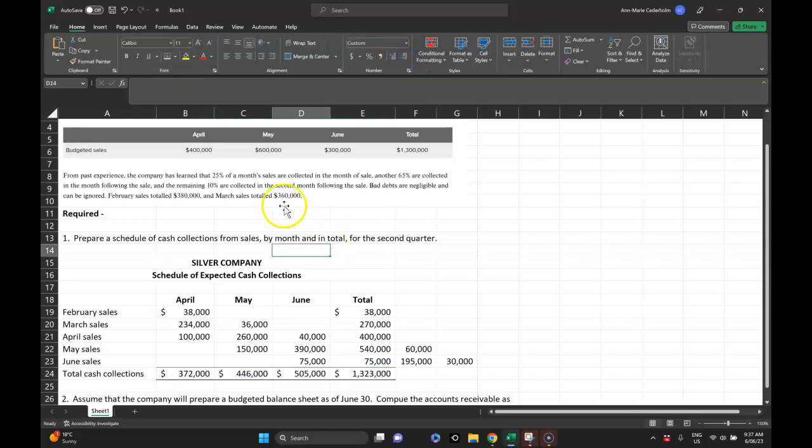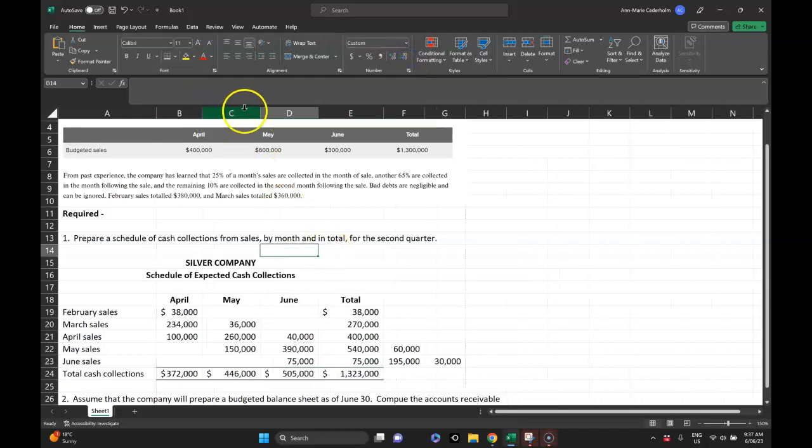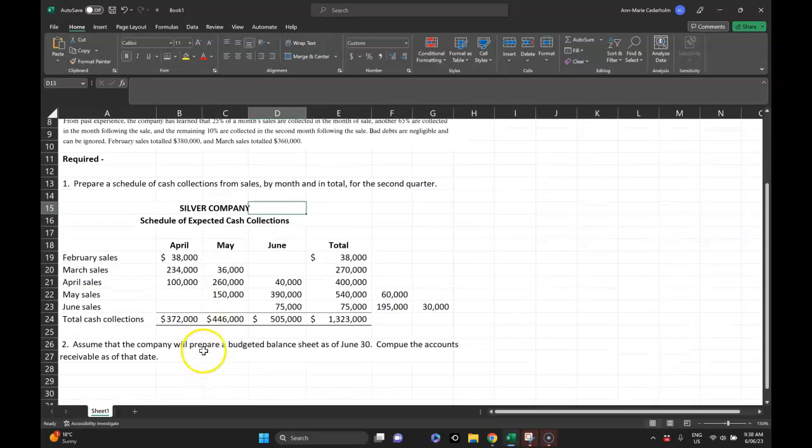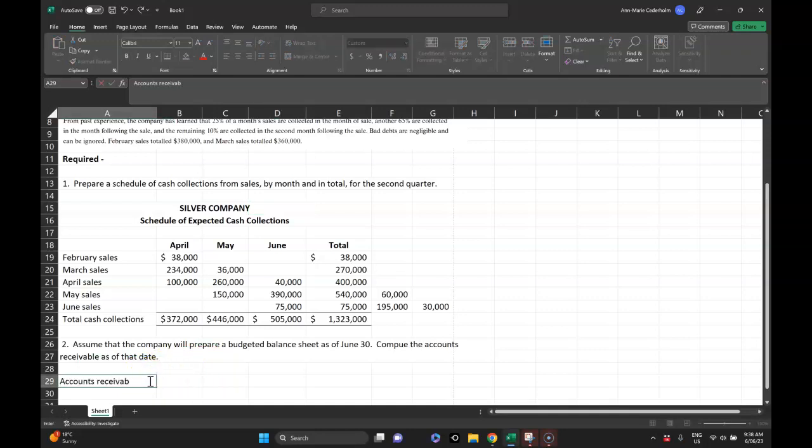Okay, so the next question is, assume that the company will prepare a budgeted balance sheet as of June 30th. Compute the accounts receivable as of this date. So my accounts receivable is just going to be these amounts.